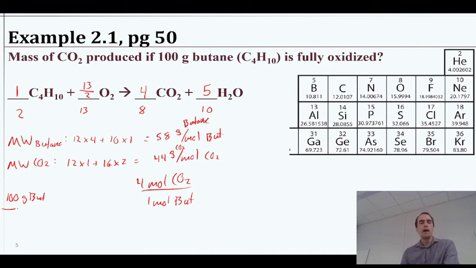So we'd have to divide by 58 grams butane per mole butane so that the grams cancel. That way the moles of butane will come to the top. And so 100 divided by 58. Does anybody have that number for me? 1.72. 1.72 moles butane.